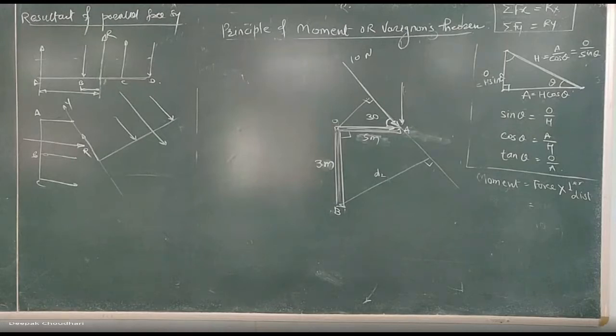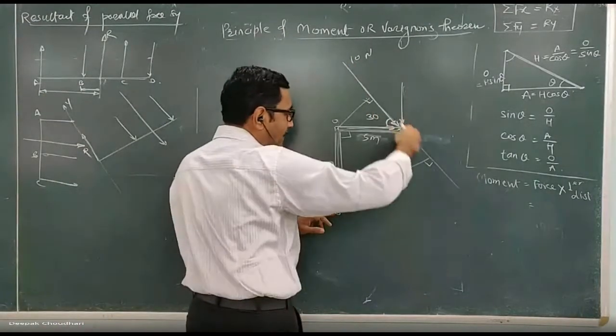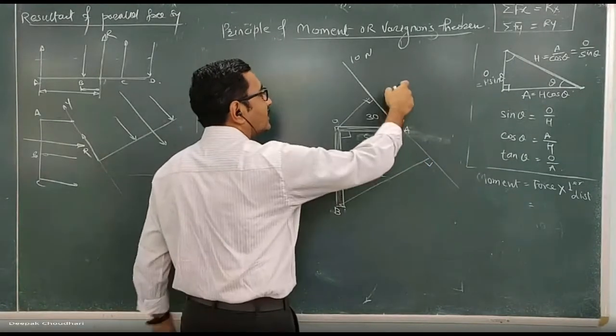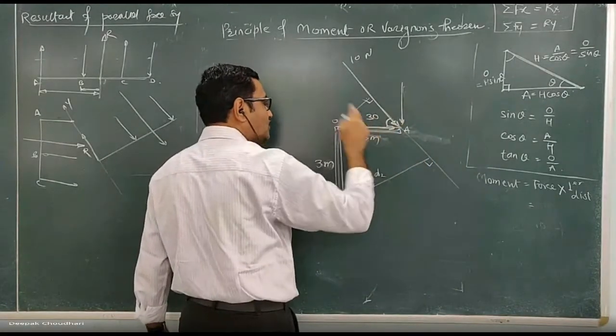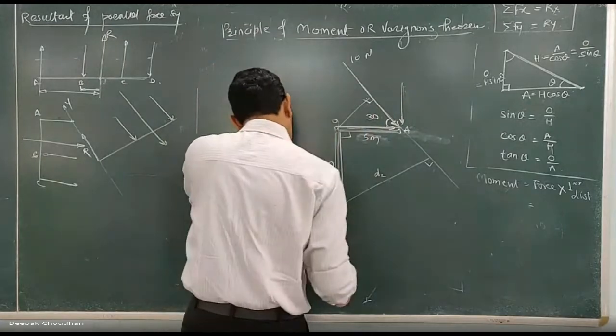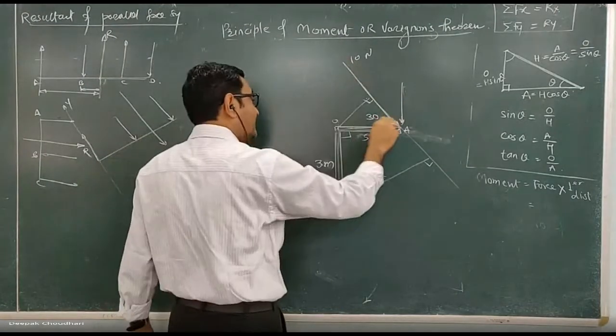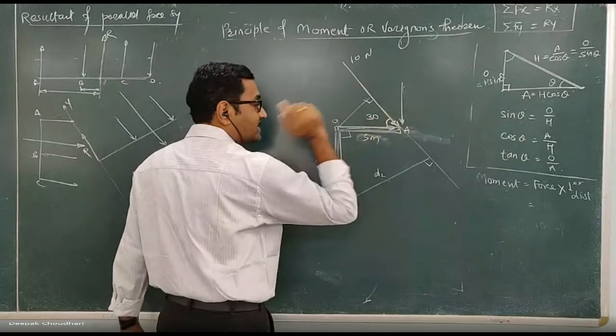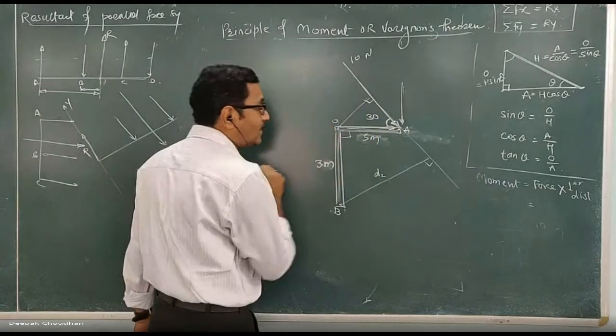Once we resolve the force, the combined effect of all the components is equal to the effect of the original force. That's why the moment of the original force, the turning effect produced by it, equals the summation of the moments produced by these two components. Clear? So if the force is inclined, resolve it and take the moment of its components. Here you have to take the summation of the moments of those components.